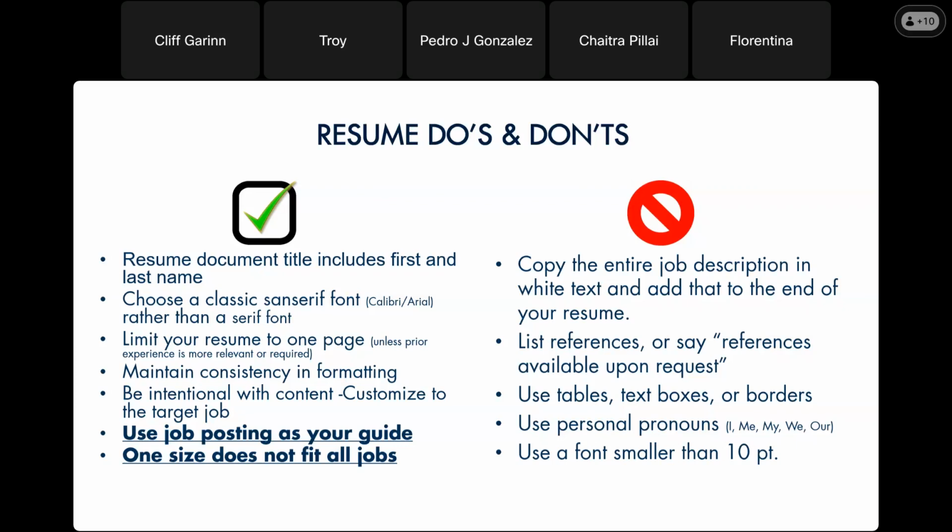So here's what I go by. Your name could be 16-point. Headings like work experience, certifications, education, I usually say 11-point, and then bullet points and text can be 10-point.